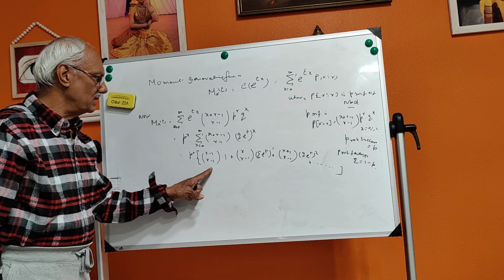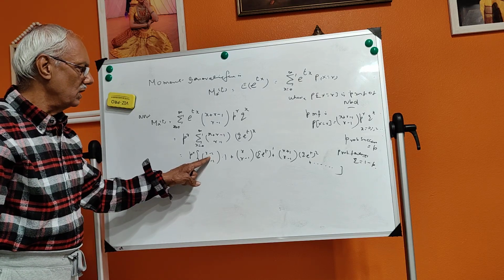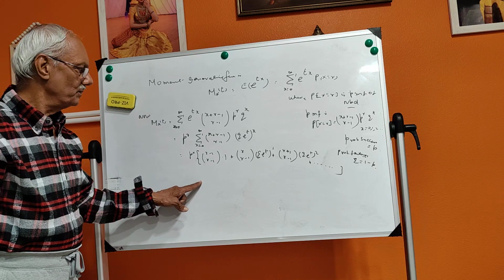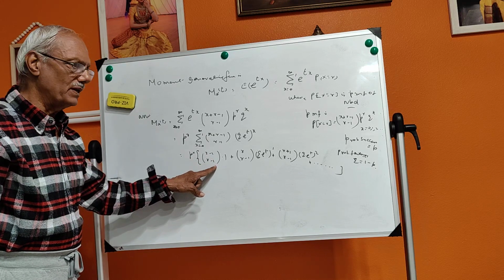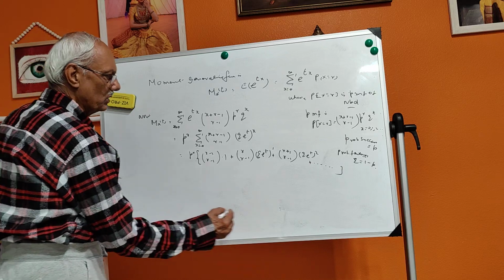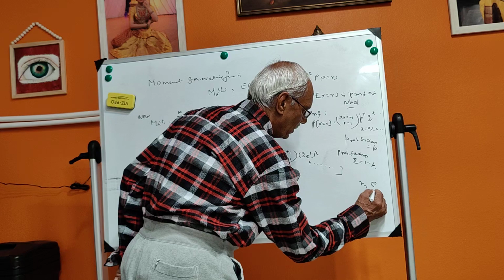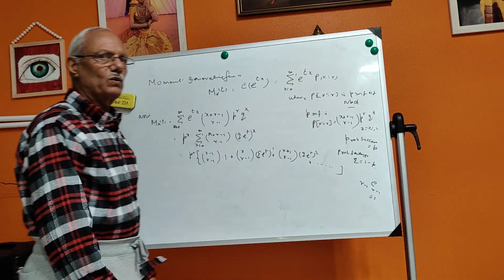This is nothing but your nCr, just like your nCr. (r - 1 choose r - 1) is equal to 1.